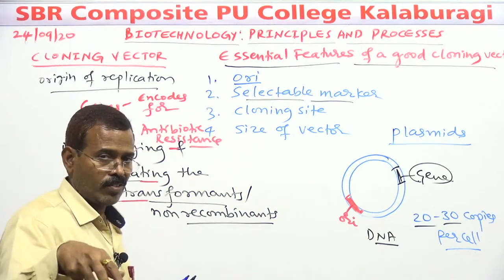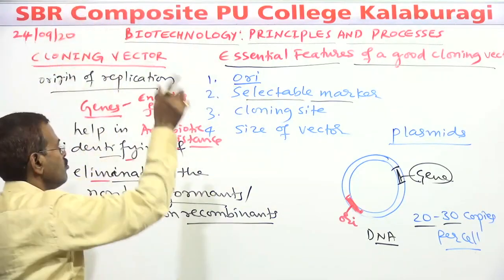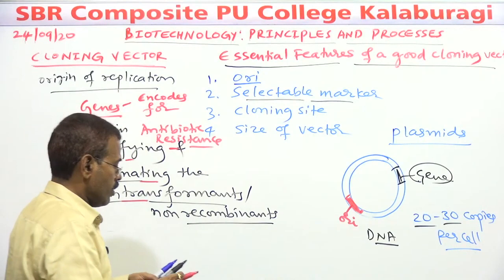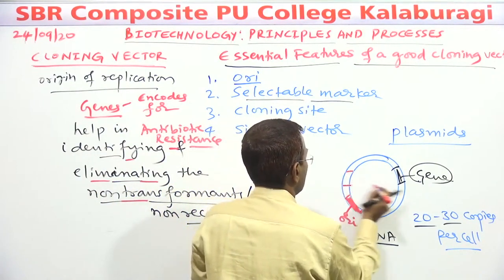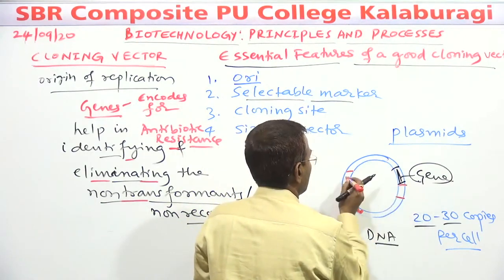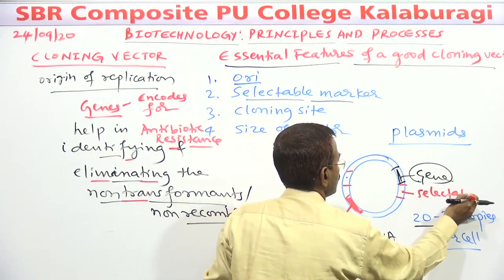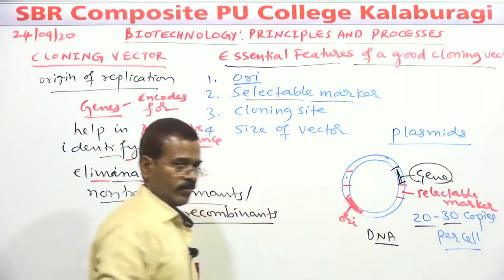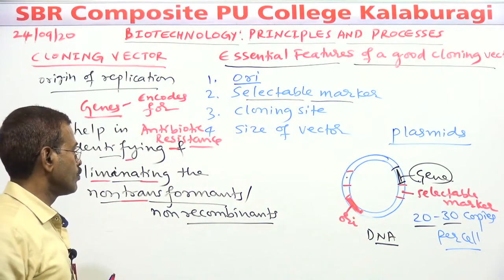Such cells can be identified and eliminated with the help of the selectable marker. They are the genes. Selectable markers can be present in the vector. When we learn the structure of PBR322, we will come to know.